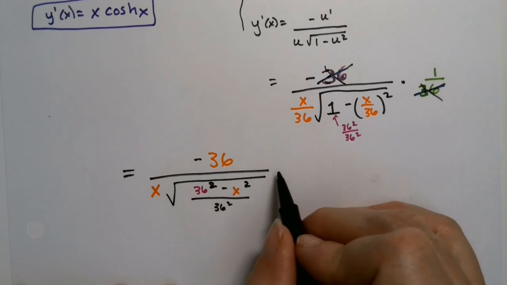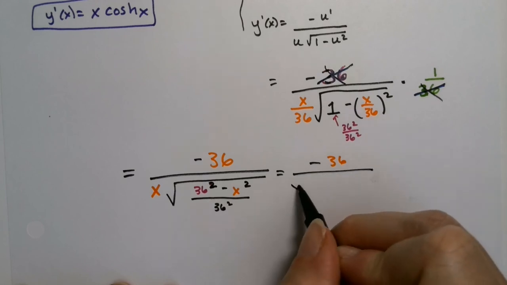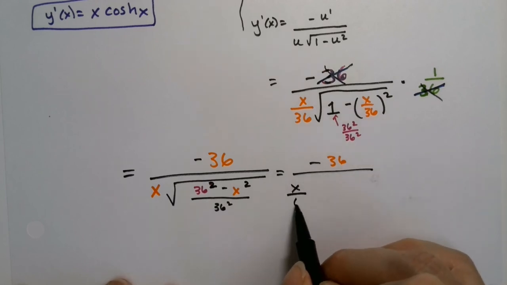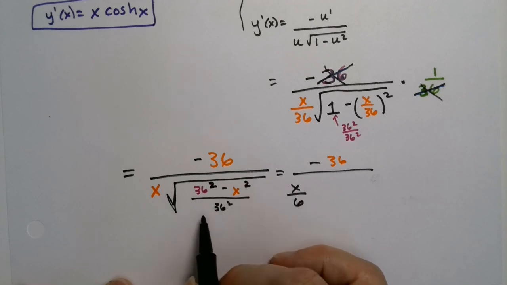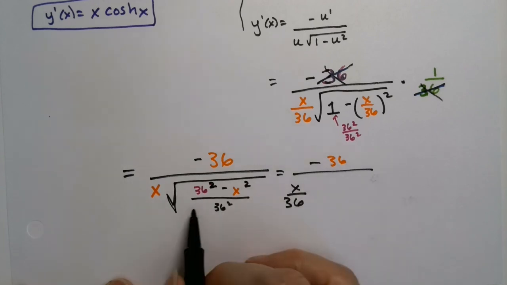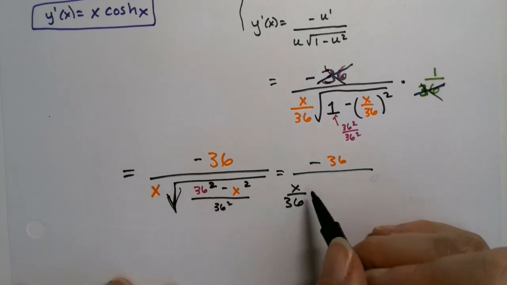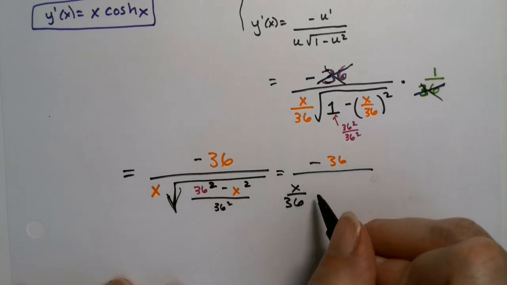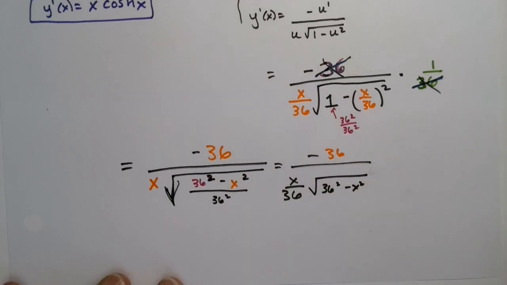Okay, well, let's see here. That's negative 36, x out here, and a 36 here, because it's the square root of 36 squared. So that's a 36 right there. And then what's left inside here is a square root of 36 squared minus x squared.